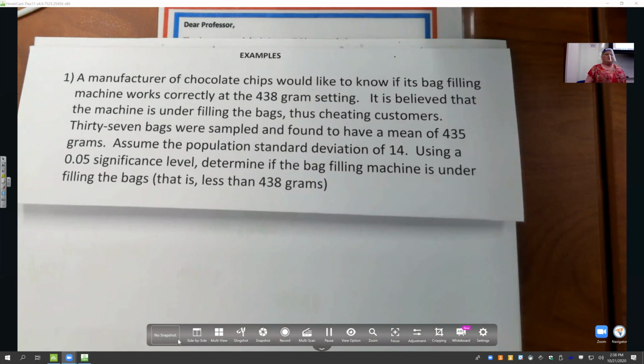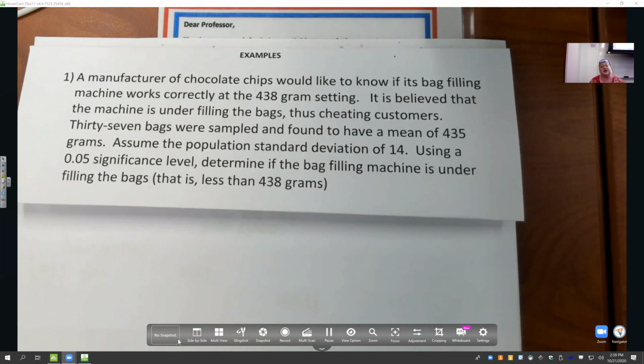Okay, so it says, a manufacturer of chocolate chips would like to know if its bag filling machine works correctly at the 438 gram setting. It is believed that the machine is underfilling the bags, thus cheating customers. 37 bags were sampled and found to have a mean of 435 grams.